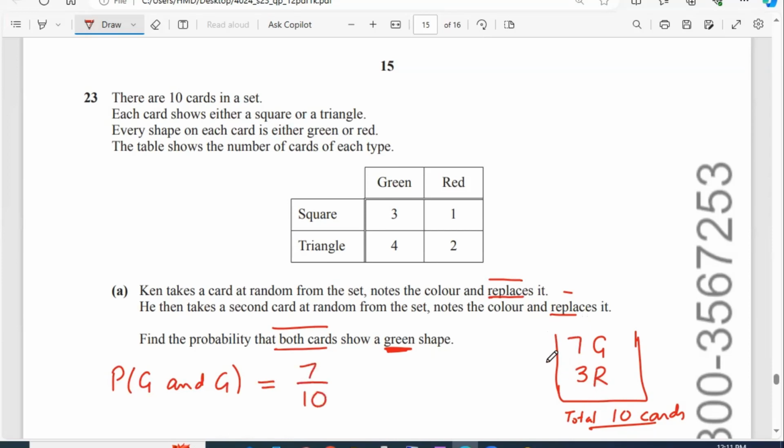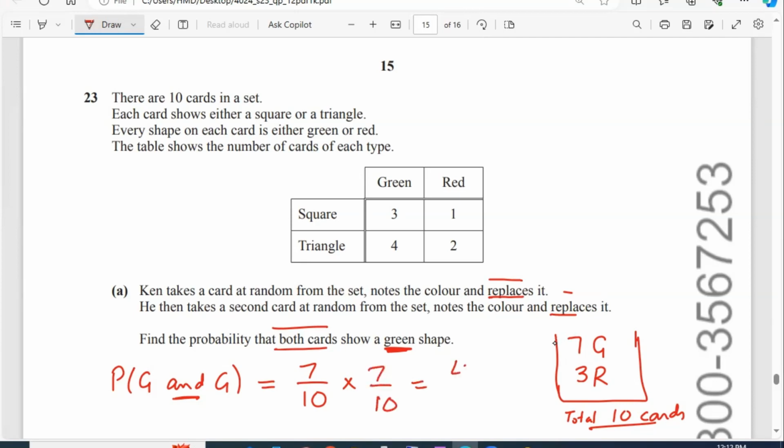Now put the green card back in the box, so the total is again 10. Now for the second, 'and' means multiply, 'and' is the keyword. Again, the probability of the second green one is also 7 over 10.